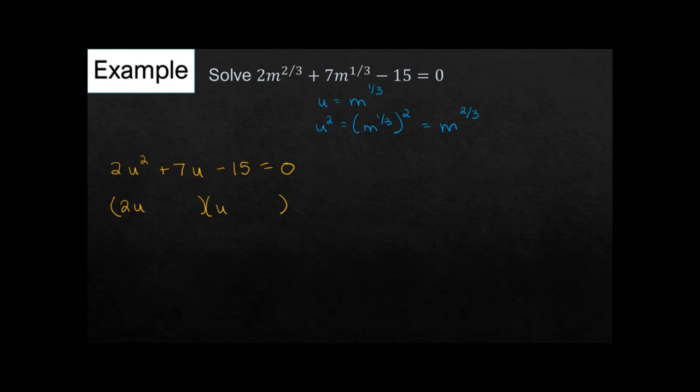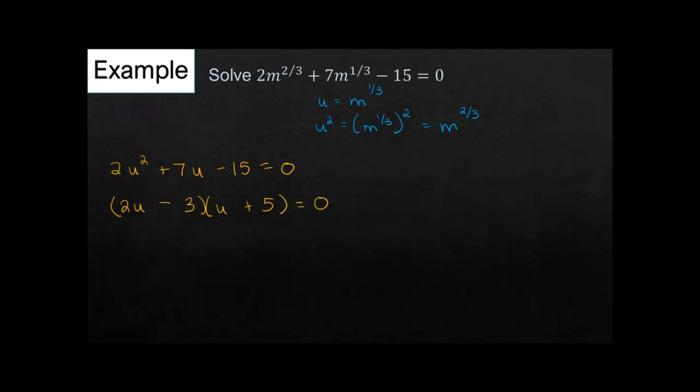If I did 5 times 2, that's 10. And then the 3, if I subtract it, can get me to 7. So I'm going to make sure that I'm multiplying the 5 by the 2, and then put the 3 in the other spot. And I need to have a positive 10 and a negative 3 in order to get those to add to 7. And then negative 3 times 5 does get me negative 15.